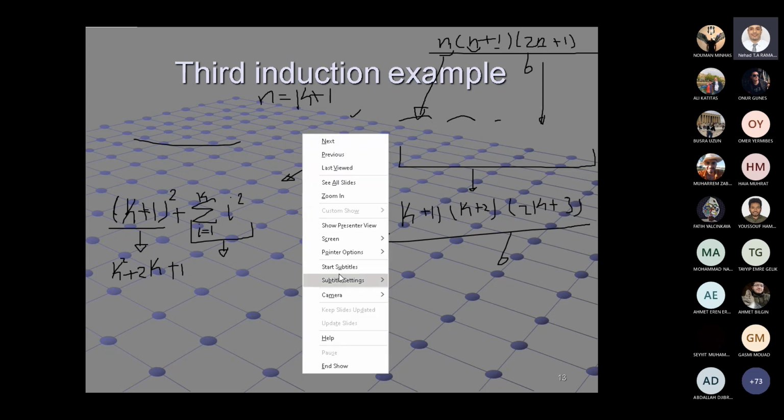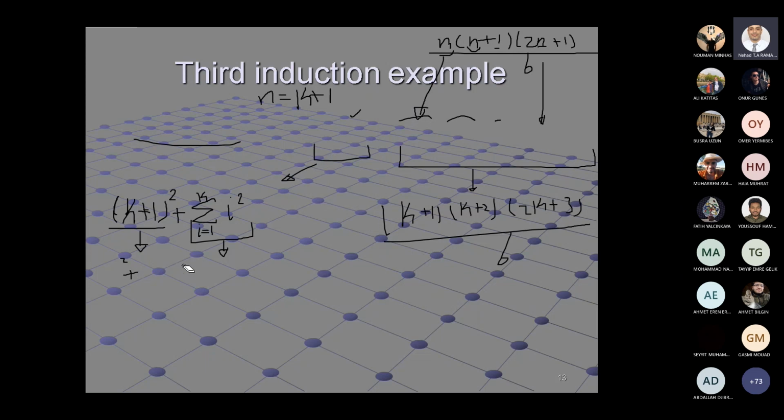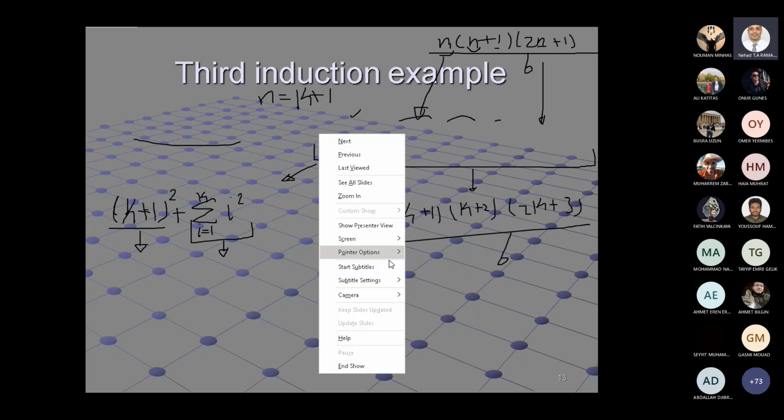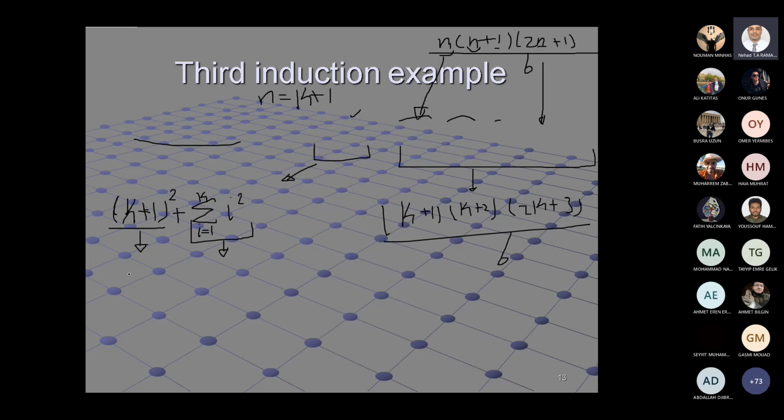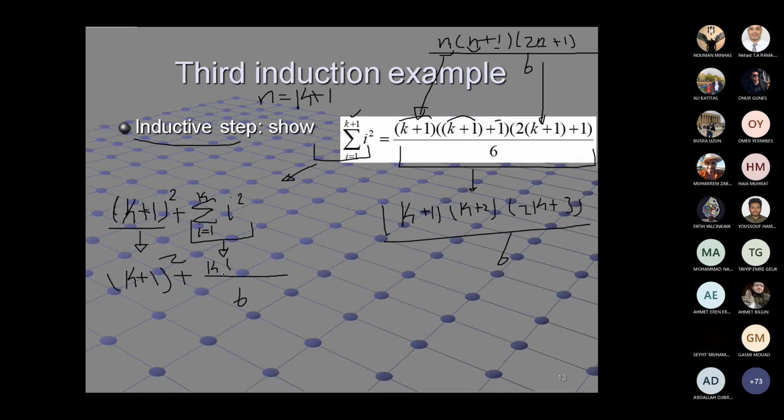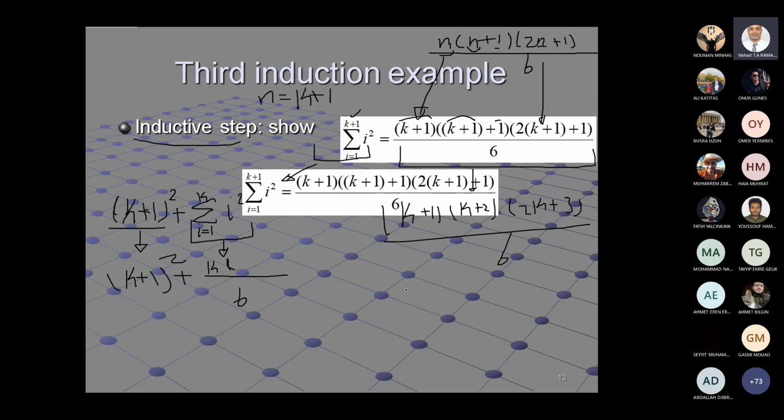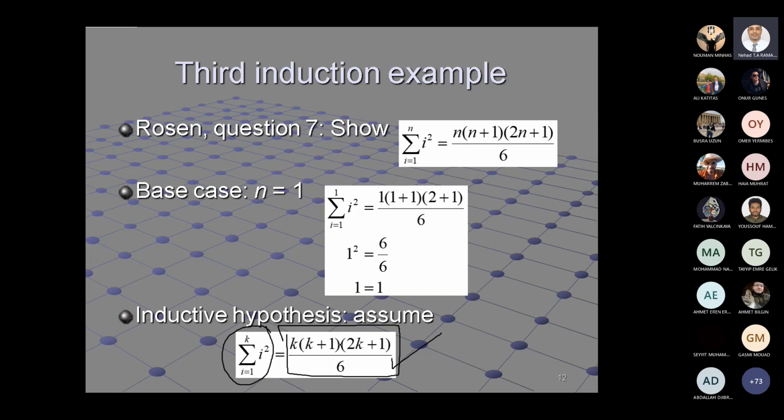Okay, let me just, before opening this, leave it as k plus 1 square, and I will take this side plus, which is k multiplied by, let me remember from here, k plus 1 multiplied by 2k plus 1.